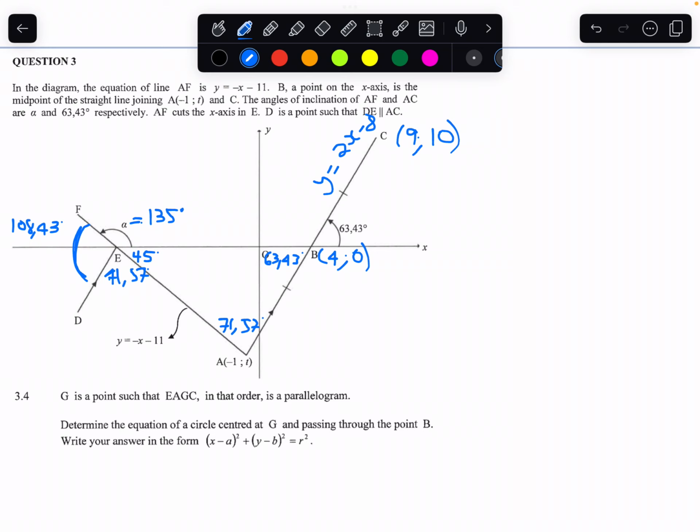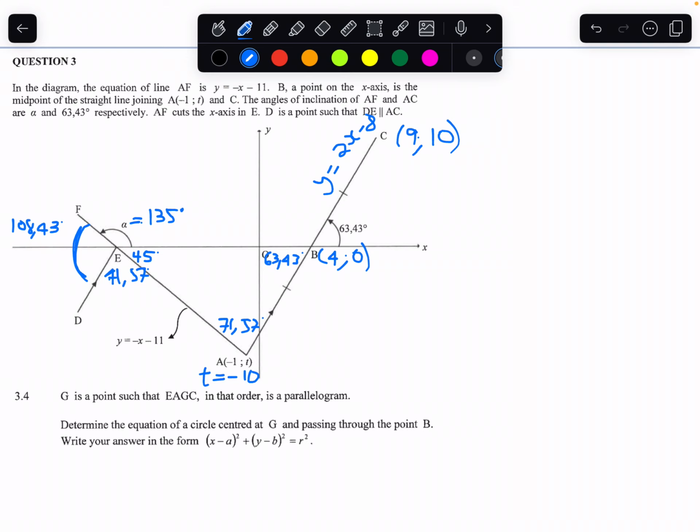I think this is just about all the stuff we filled in so far. Now, G is a point such that E, A, G, C, in that order, even if they don't tell you in that order, it is in that order, is a parallelogram.